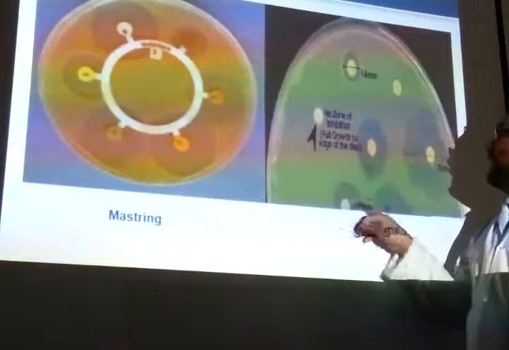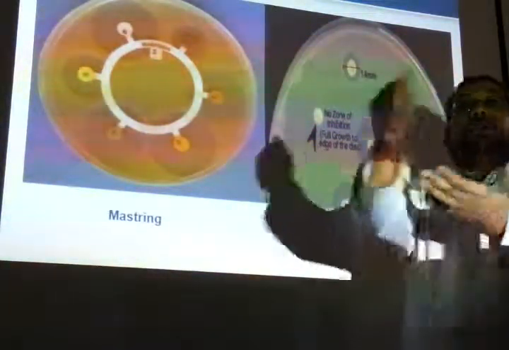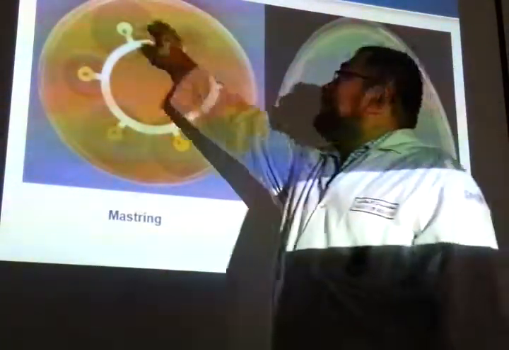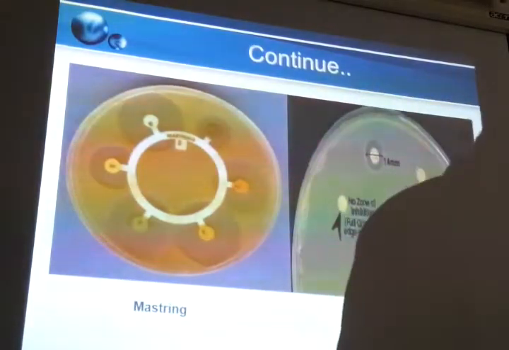So this is a single disc. But instead of putting 1, 2, 3, 4, 5, 6, we can put all 6 together. 1, 2, 3, 4, 5, 6. And this is called a masked ring, like this. So instead of checking one antibiotic, we put a ring of 6 antibiotics and check which is working, which is not working, and check the zones of inhibition.